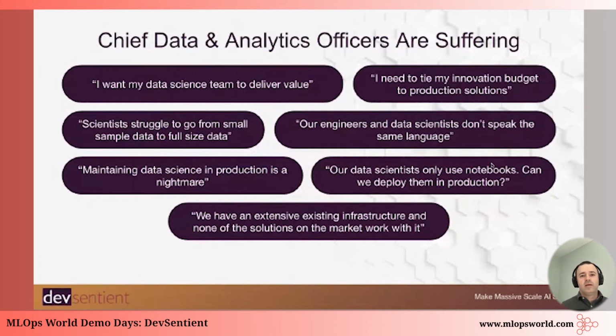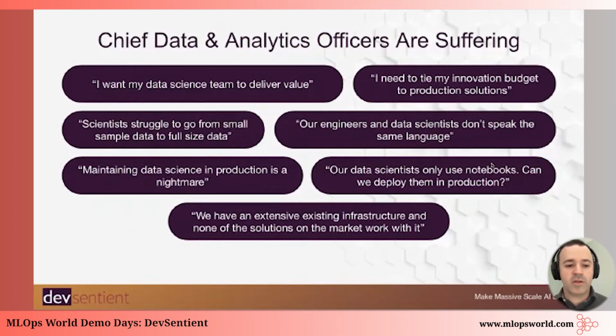Some of the quotes that you see here, while we're not attributing them to specific people, I think we can all agree are real challenges. Most chief data officers, chief analytics officers, CIOs, CTOs, and chief data scientists would agree that, generally speaking, scientists are great at experimentation.